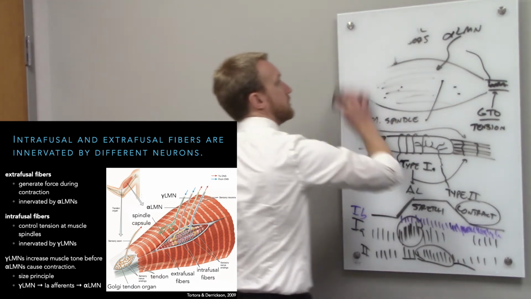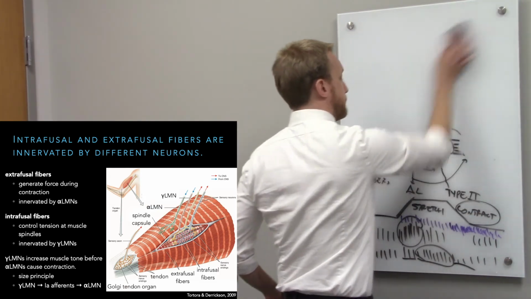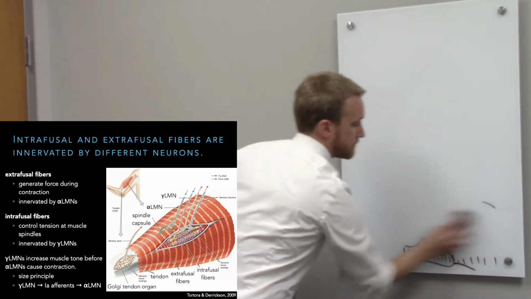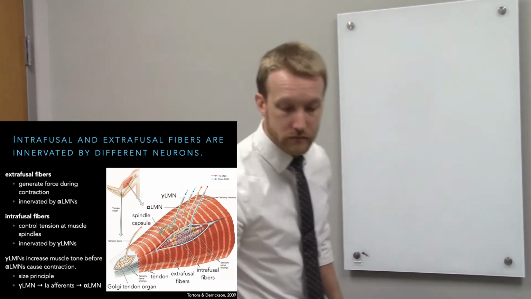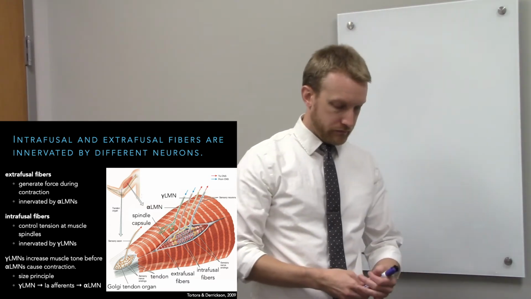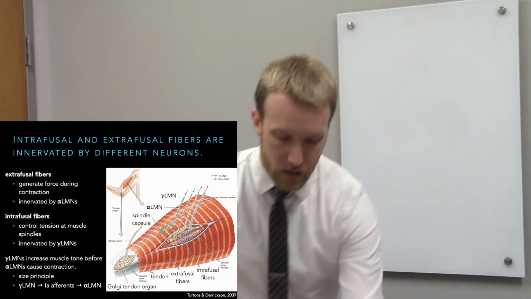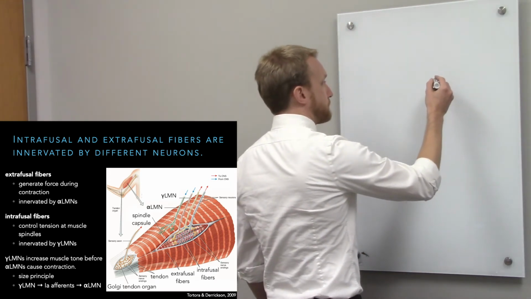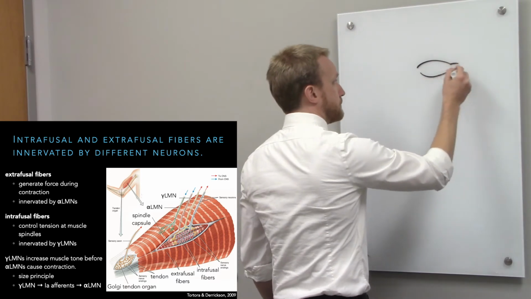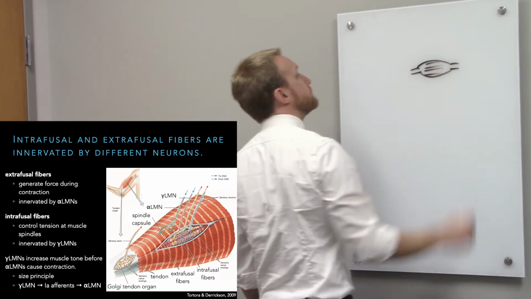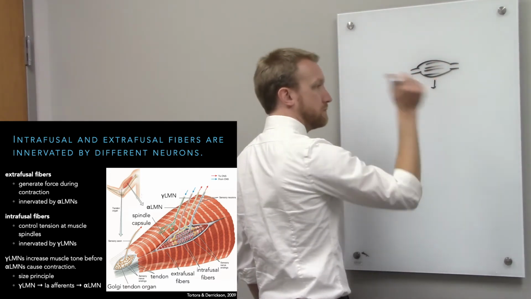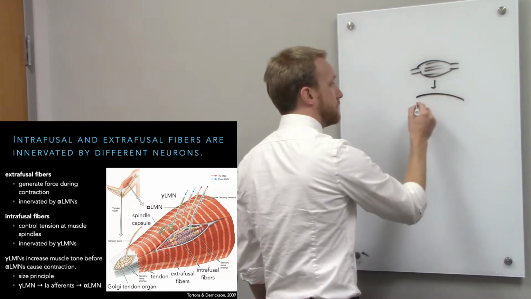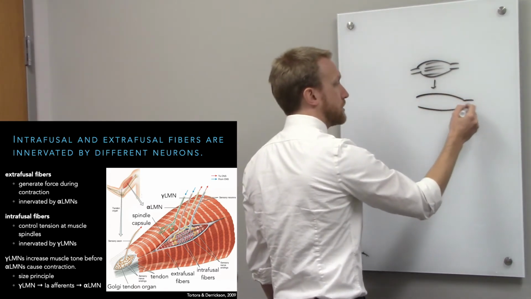I'm going to get rid of this and draw that out for you. All right. So if we stretch a muscle, maybe by tapping a tendon or something like that, putting pressure on that tendon is going to pull on the muscle.